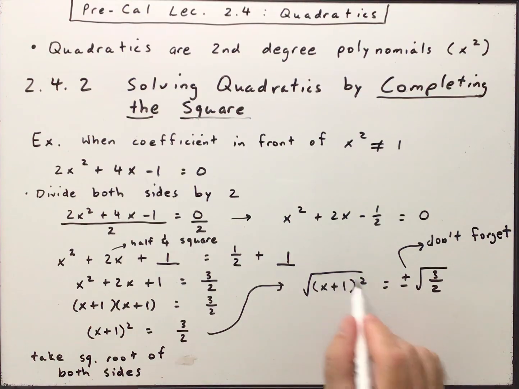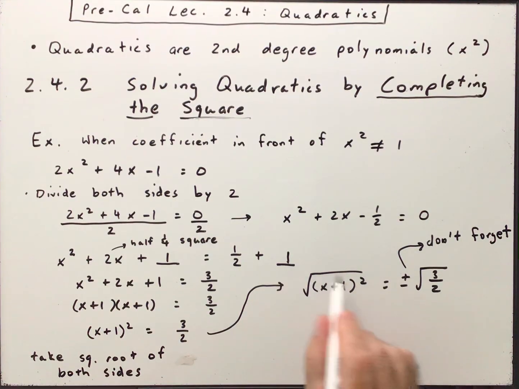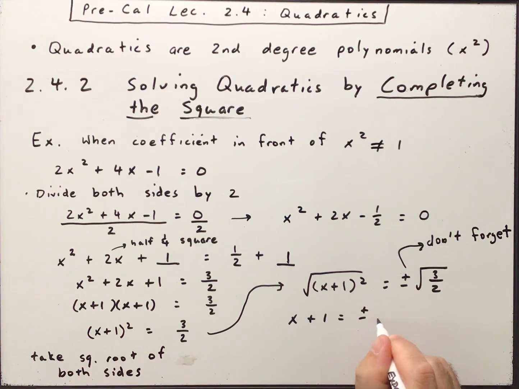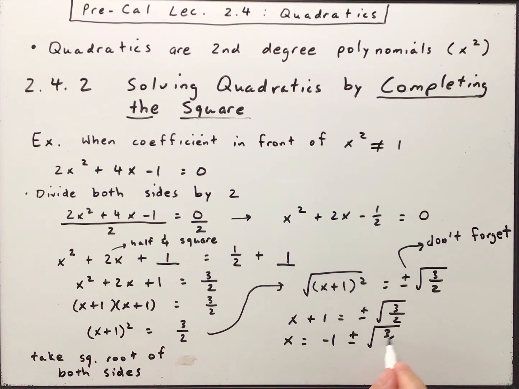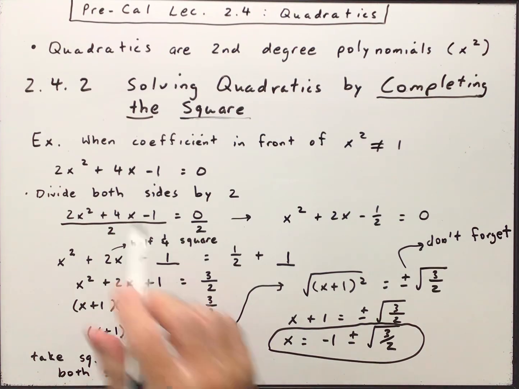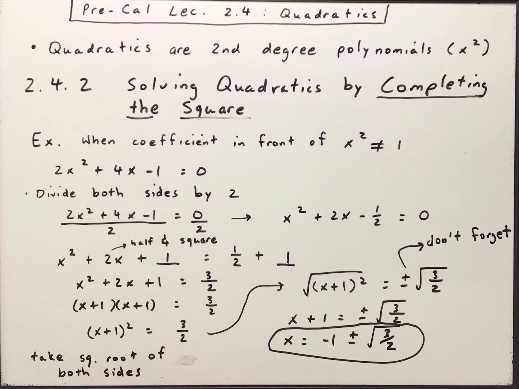All right, so what happens? The square root and the squared cancel, and you have x plus 1 is equal to plus or minus the square root of 3/2. And then we can move the 1 to the right side to solve for x. So x is negative 1 plus or minus the square root of 3/2. And it's fine with me if you don't, in this case, rationalize that. And then you could put that in your calculator, figure out what the decimal number is, and then check it. You can check all of these.